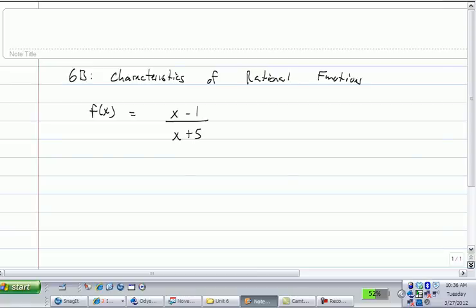So this learning target really is all about graphing. And to build our graph, we're going to start by identifying our intercepts. You need both the x and the y.